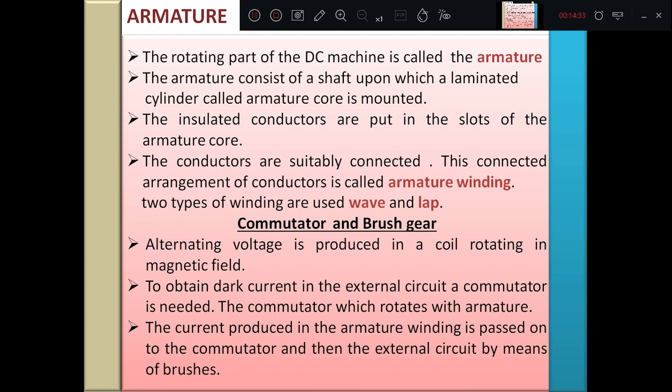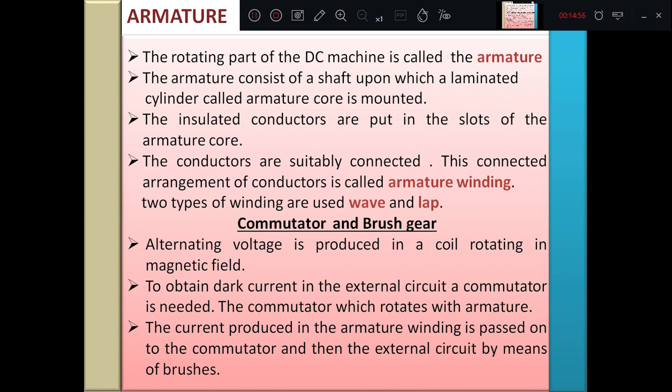In the slots we are placing a number of conductors. These conductors are connected in a particular fashion, forming the armature winding. Suppose a mechanical twist is given to the rotor, so the rotor conductors are rotating in a stationary magnetic field, therefore there is an induced voltage.